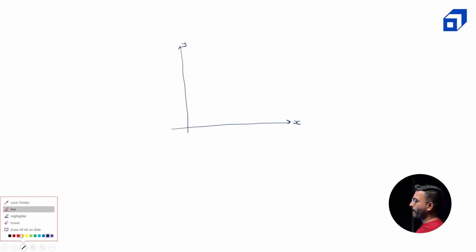Let's try to understand why this is a very hectic task. Let's say this is my data. Let's say this is X, this is Y, and we have some data points over here.